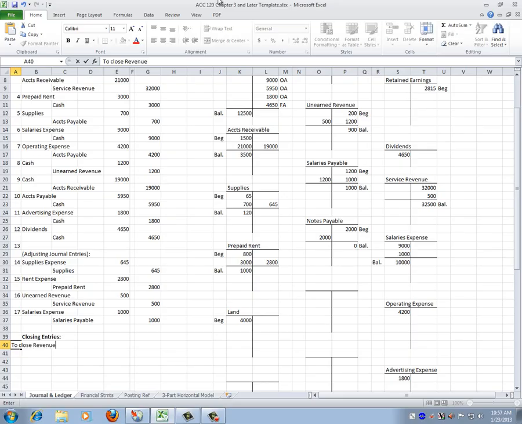I'll close them in that order. In this case, there's just one revenue temporary account to close, and that is service revenue. It has a $32,500 right side balance, so here's the rare case we're going to debit a revenue account to close it in order to zero it out.